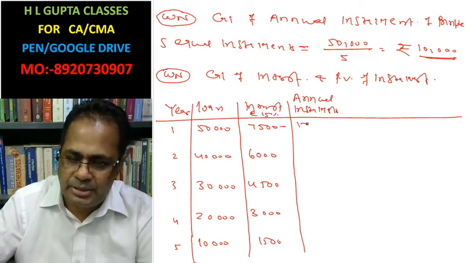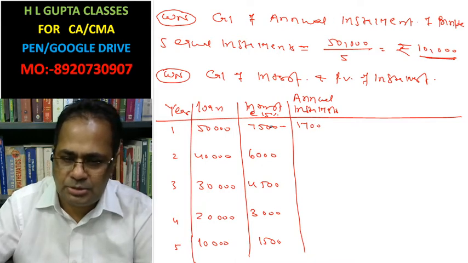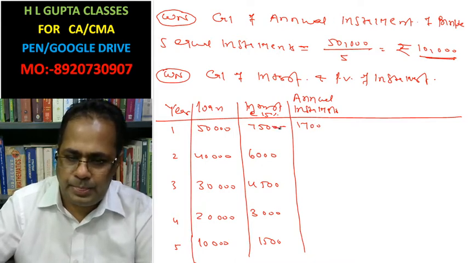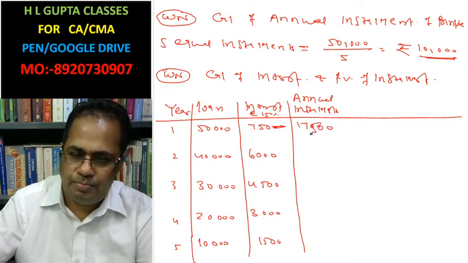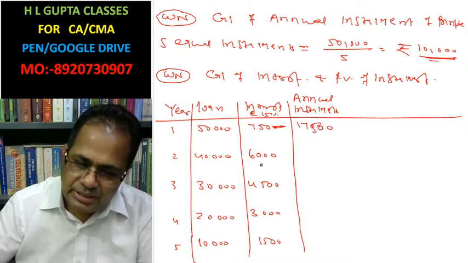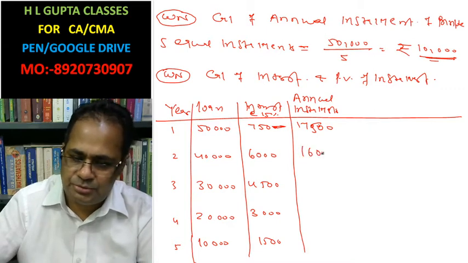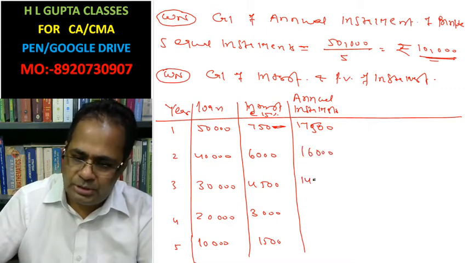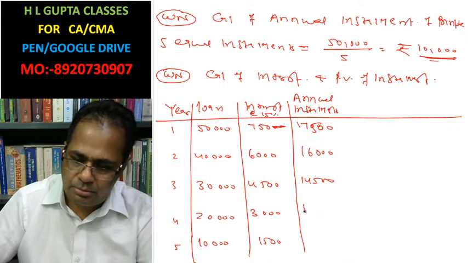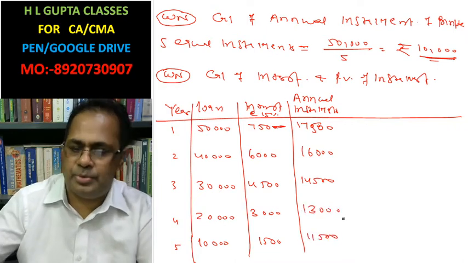That is 17,500, 16,000, 14,500, 13,000, 11,500.